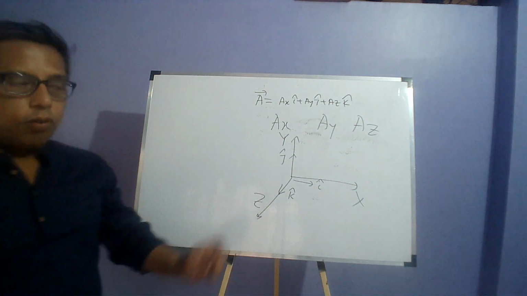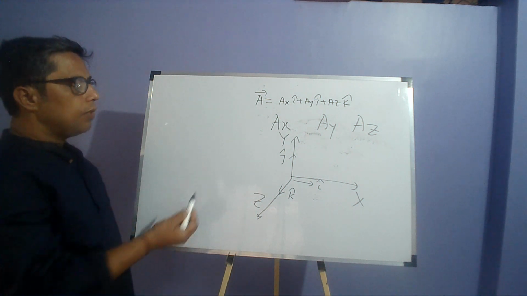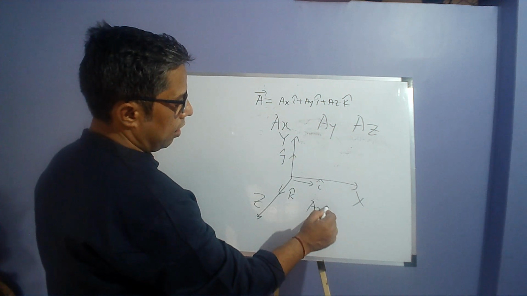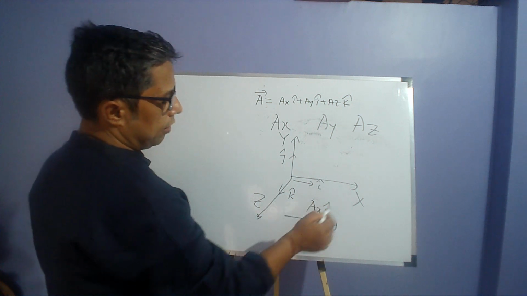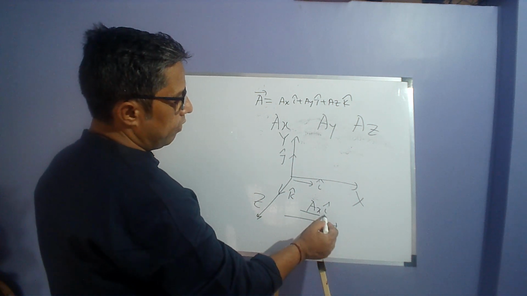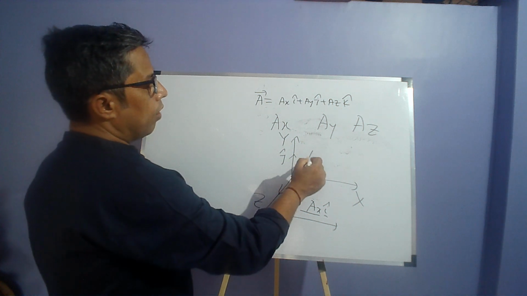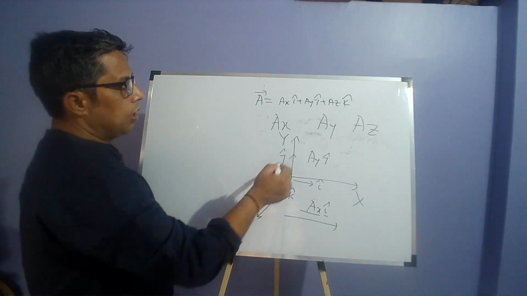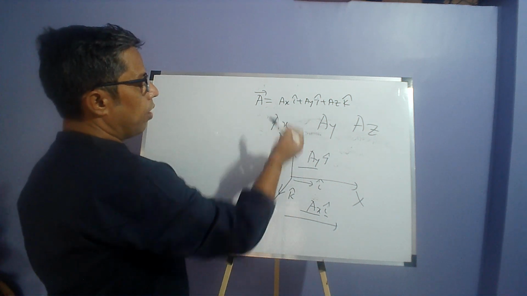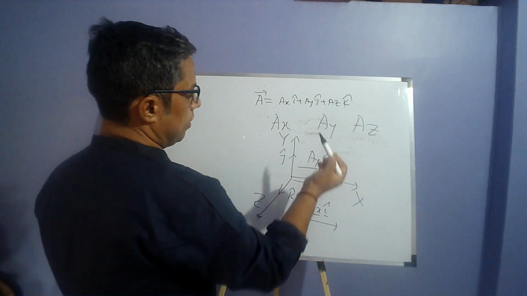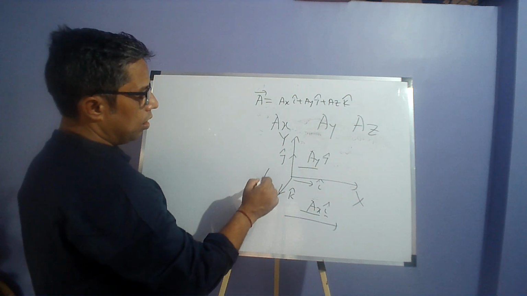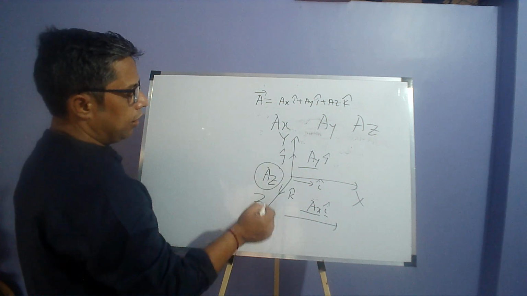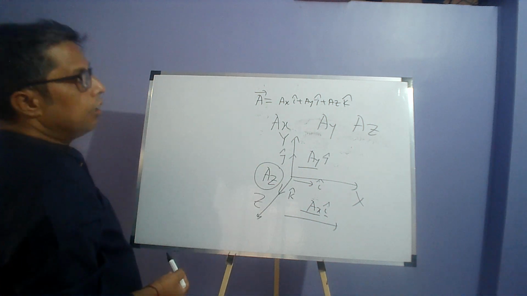So ax i is a vector along the x axis whose magnitude is ax and unit vector is i. Then ay j is a rectangular component along the y axis with unit vector j. Similarly, the az component is along the z axis. So these are the three.